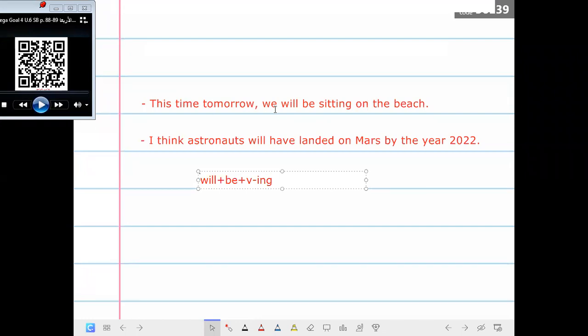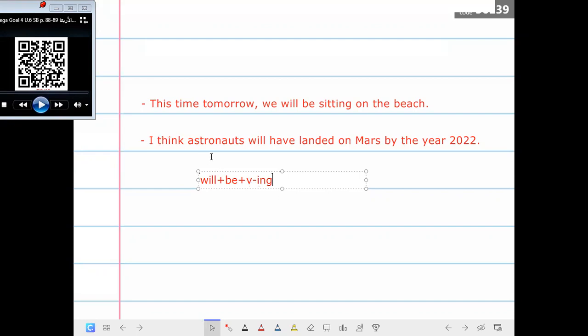This time tomorrow we will be sitting on the beach. يعني في هذا الوقت احنا سنكون جالسين على الشاطئ. يبقى هو بيتكلم عن حاجة هتكون مستمرة في الوقت ده في المستقبل. فعشان كده بنستخدم الفيوتشر بروجريسيف. وطبعا بعد ما أبدأ بالسبجكت اللي هو الفاعل أجيب will وبعدين be وبعدين الفيرب ing وبعدين أكمل الجملة.